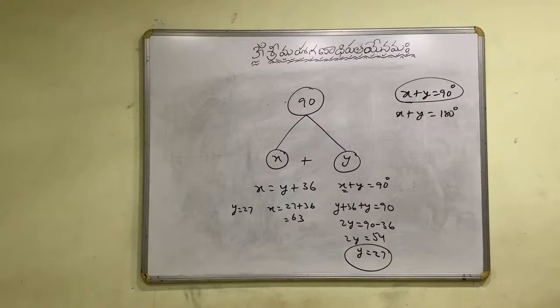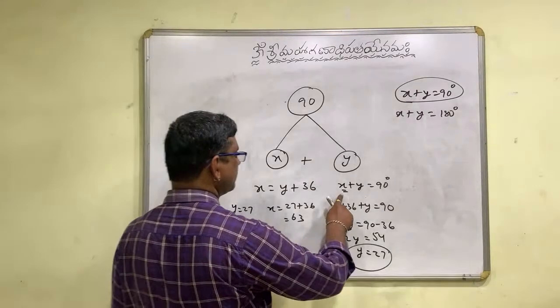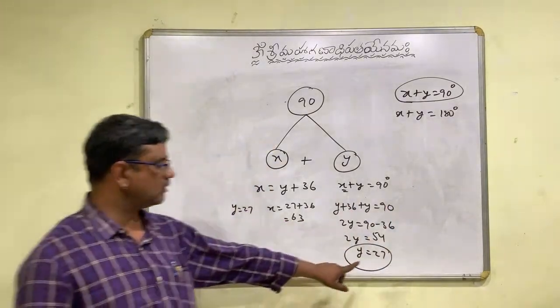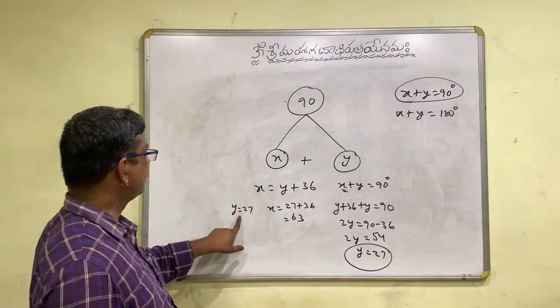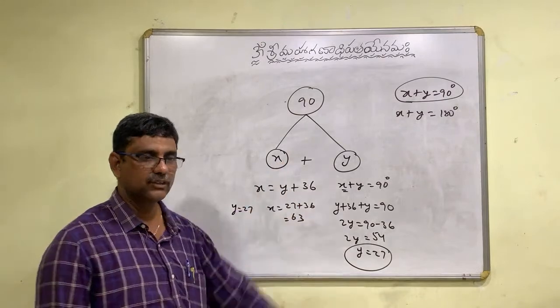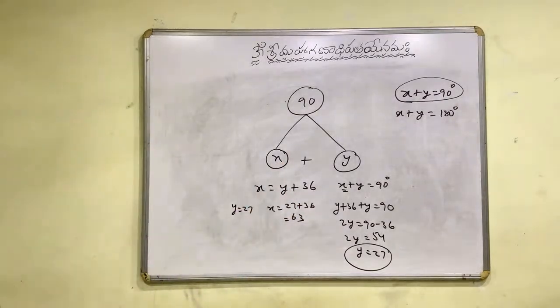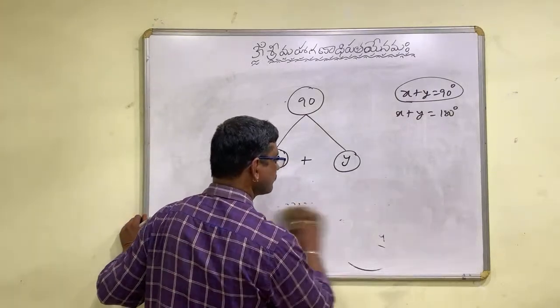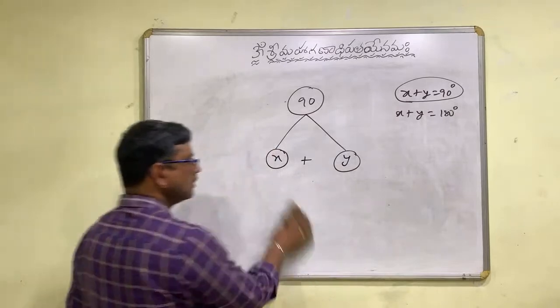We know x plus y is 90, so substitute y plus 36 in the place of x: y plus 36 plus y is 90, and you will get y value 27. If y is 27, x is y plus 36, so 27 plus 36, 63. Understand, children? I will go to the next problem now.